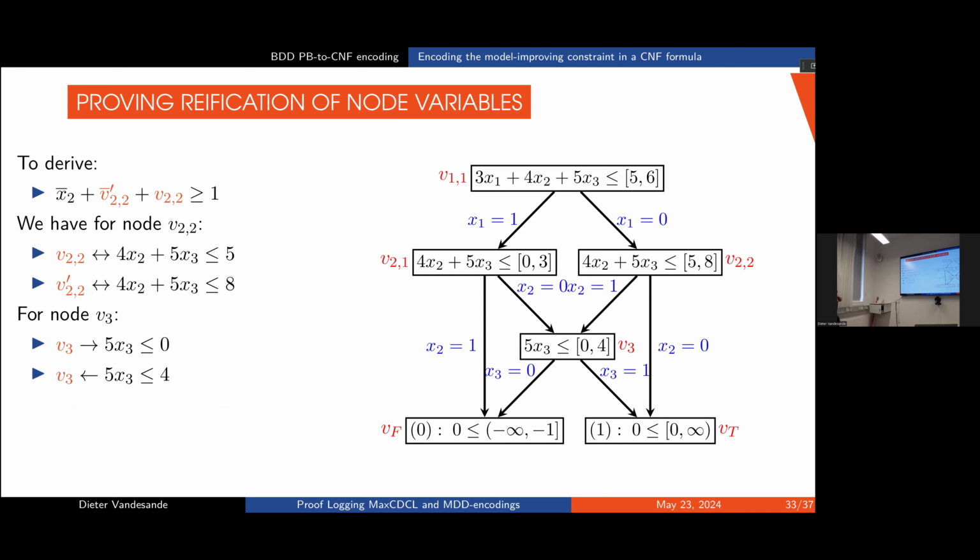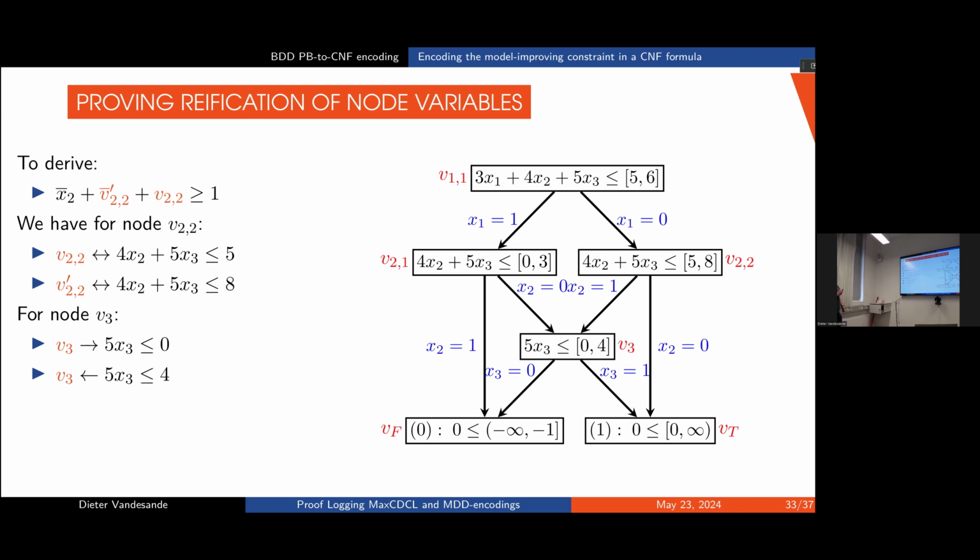Okay, so I will show you how to derive this clause. What we already have here is for V2, we have the V and the V prime defined. And for the child, for V3, we have already the right implications derived.